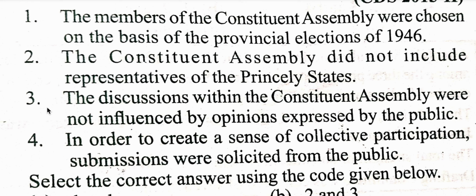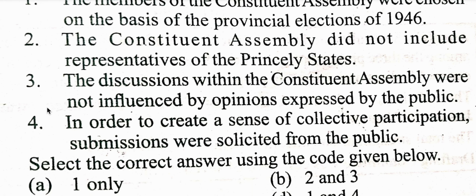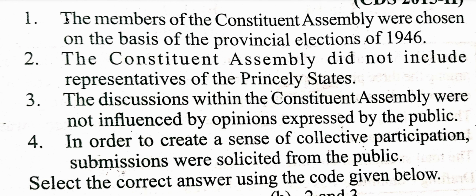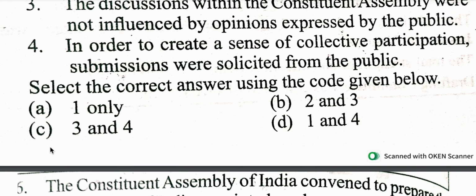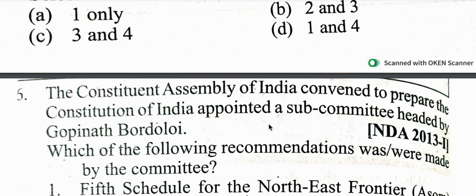Fourth statement is, in order to create a sense of collective participation, submissions were solicited from the public. So here the correct answer is only statements 1 and 4. So option D is the correct answer.